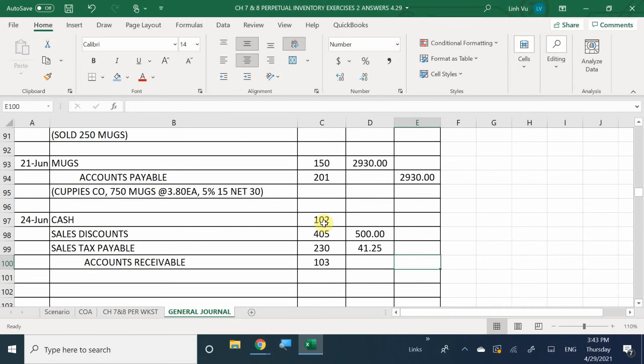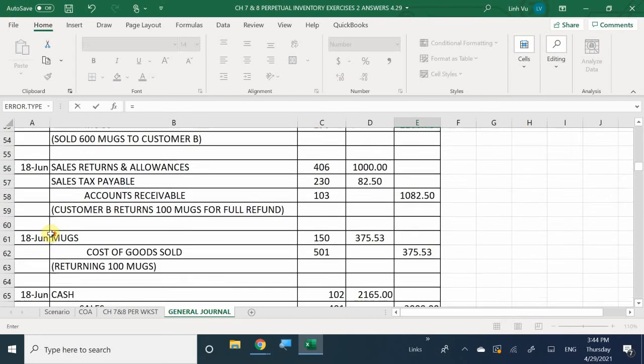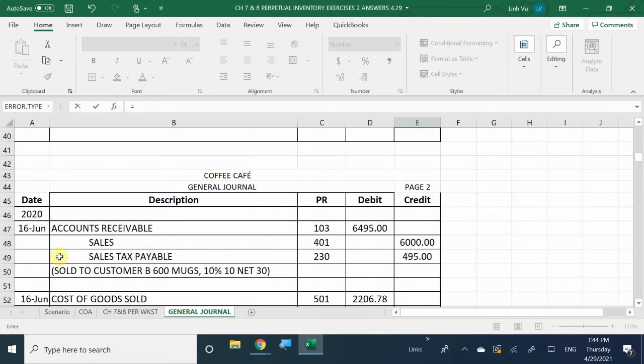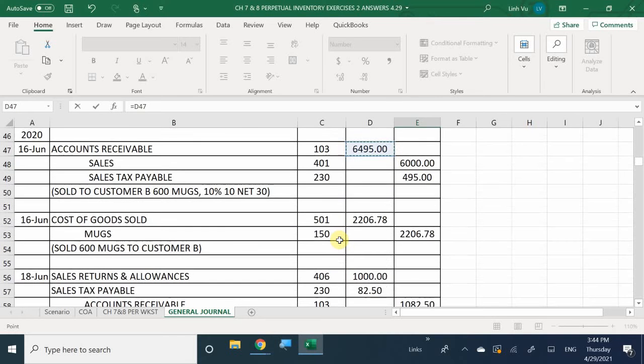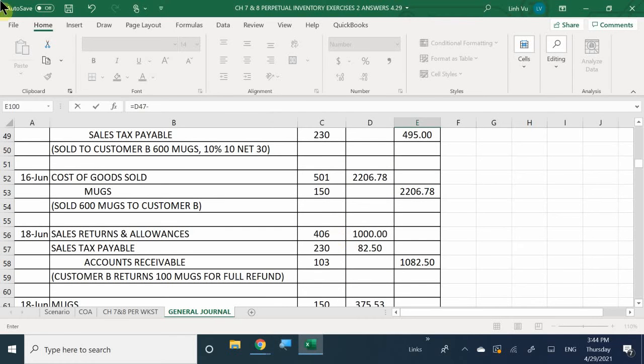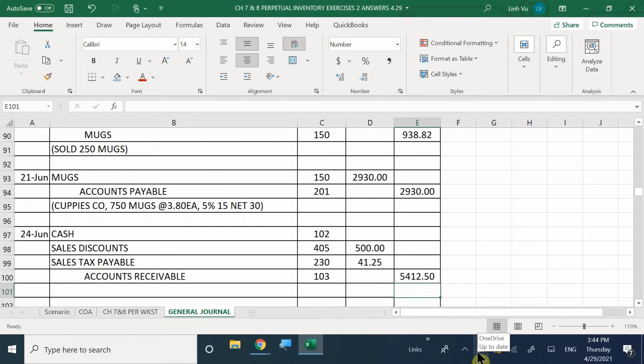Now we have to do a little math here because we have two transactions involved. Originally, let's go ahead and find that transaction on the 16th. Originally, we sold to this guy the 600 for $6,495. However, we ended up refunding him $1,082.50. So therefore, what should be my total that he owes me? $5,412.50.